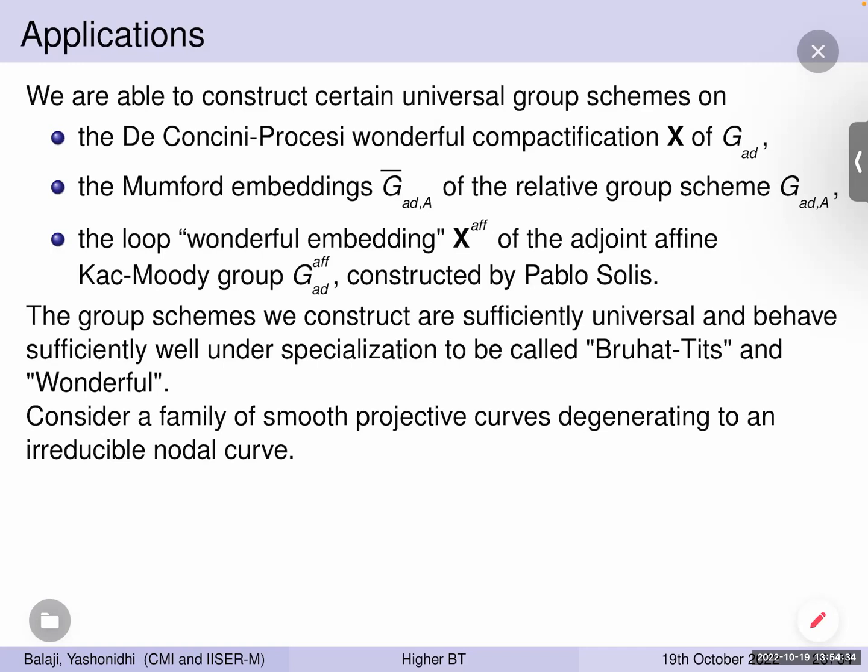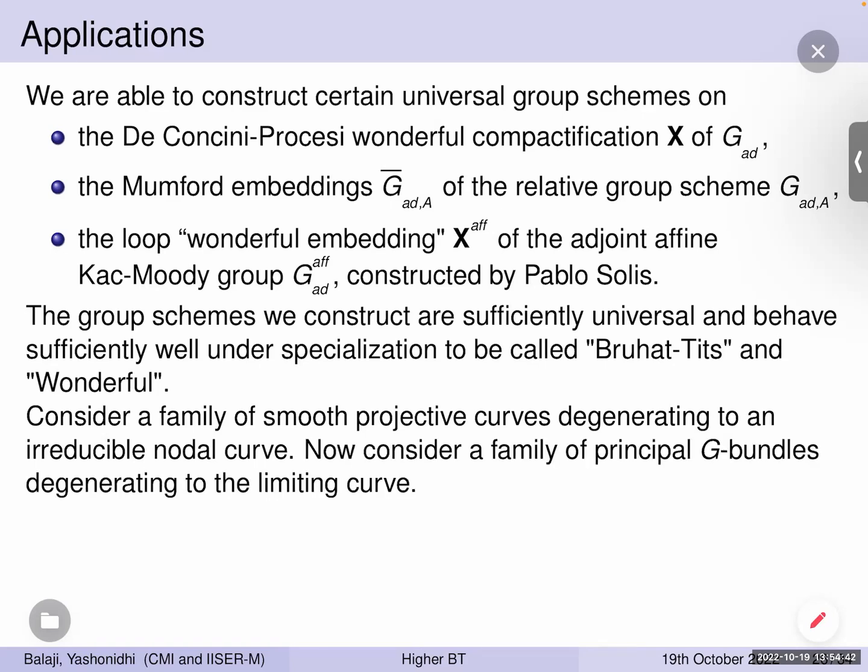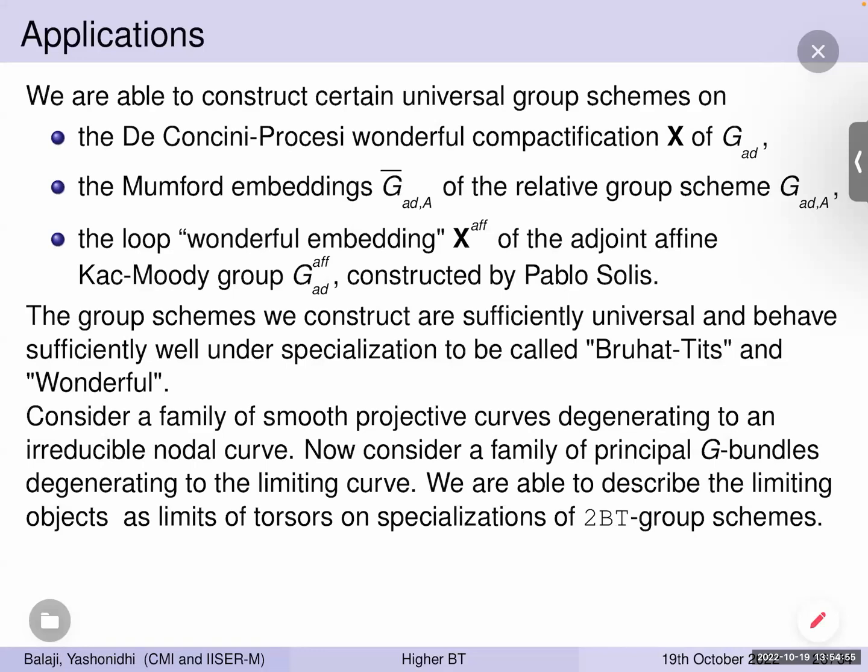Now consider another application. Consider a family of smooth projective curves degenerating to an irreducible nodal curve. Now consider a family of principal G bundles degenerating to the limiting curve. We are able to describe the limiting objects as limits of torsors on specializations of BT group schemes.